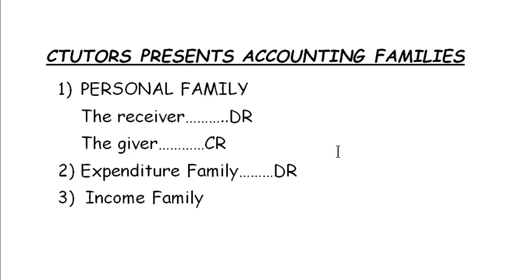So the main thing is, what is the rule guiding income? In accounting, every income by birth is credited. So when you see an income and you are preparing the ledger, go to the credit side and record it. Then number 4, we talk about the assets family.